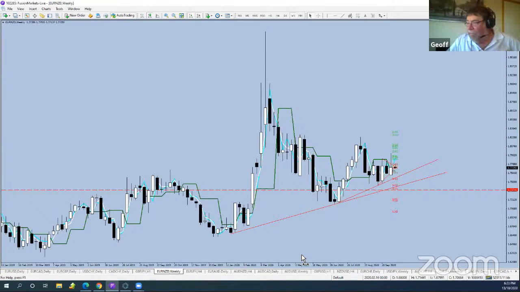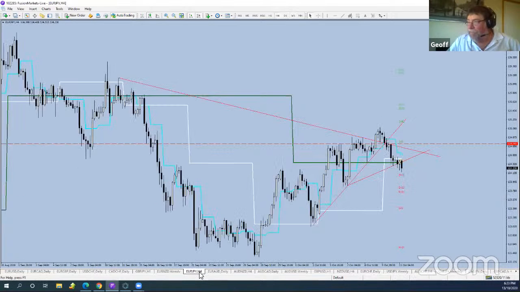Euro yen, you know about. I've had lots of conversations on Euro yen, and unfortunately I missed the entry, which was this one here. It wasn't perfect because I wanted to come back to the trend line, this trend line here, and daily pivot confluence yesterday.